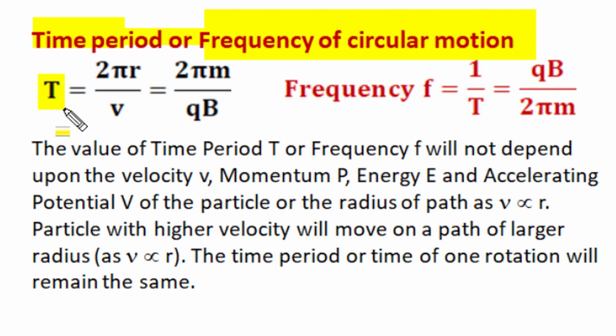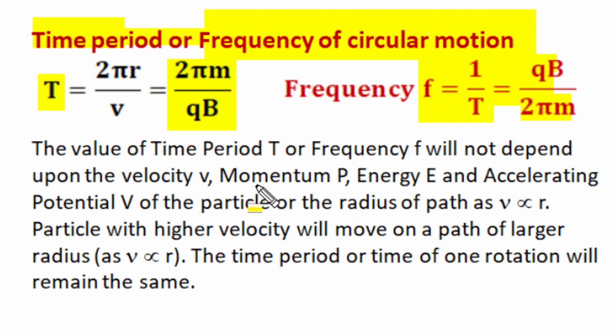The expression of time period is 2 pi m upon qB, where m is the mass of the particle and q is the charge of the particle, and the inverse of time period is frequency, the ratio of qB to 2 pi m. Both expressions clearly indicate that they will not depend upon the velocity of the moving charged particle. Momentum, energy, or accelerating potential before entering the magnetic field doesn't influence the time period or frequency of circular motion. It is mainly decided by the magnitude of the magnetic field and the ratio of mass and charge of the moving particle.